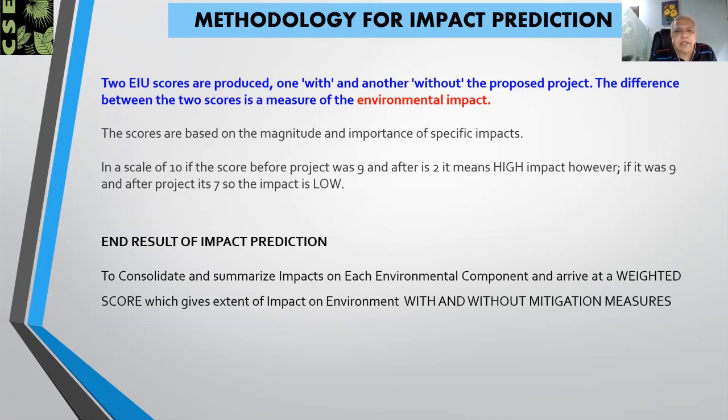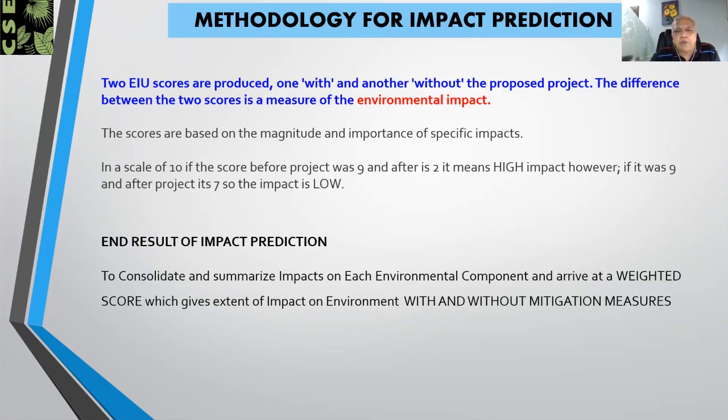However, if it was 9 and after the project it's 7, the impact is low. This is the way you can come to conclusions about the overall environmental impact of the project, and tighten the environmental mitigation measures in order to ensure that the impact goes from high to low.